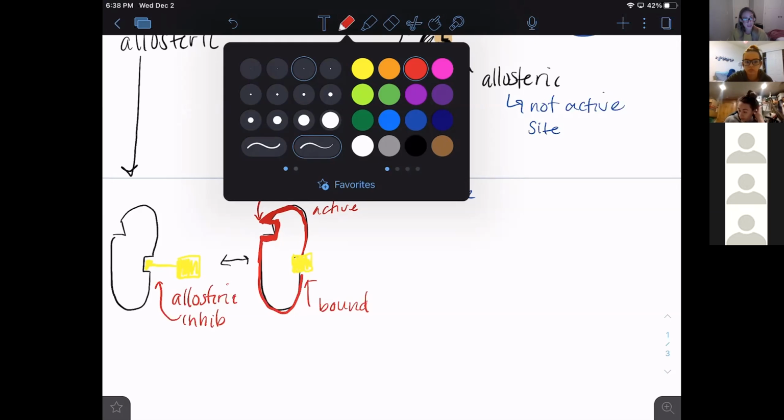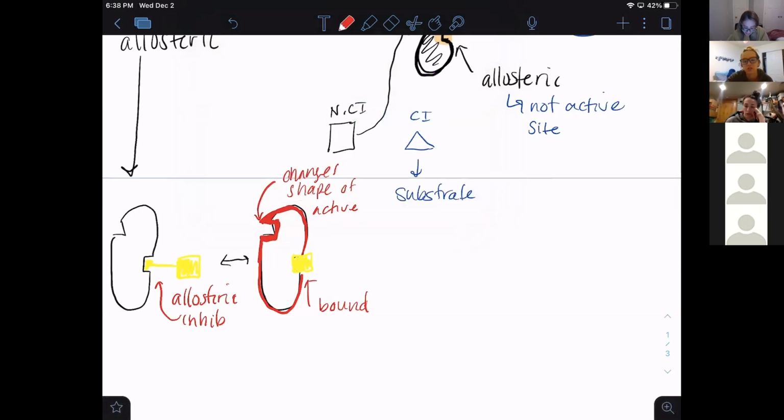But I also think in this case, I don't know if he's trying just to get you to say non-compet. Well, it's interesting because I've been going through the reading and I don't remember it ever saying anything about allosteric inhibitor, and it didn't say anything about it in the Mastering either. Yeah, so technically this should be allosteric, right? When it doesn't bind to the active site, that is what an allosteric inhibitor is, so that's why Riley said allosteric.